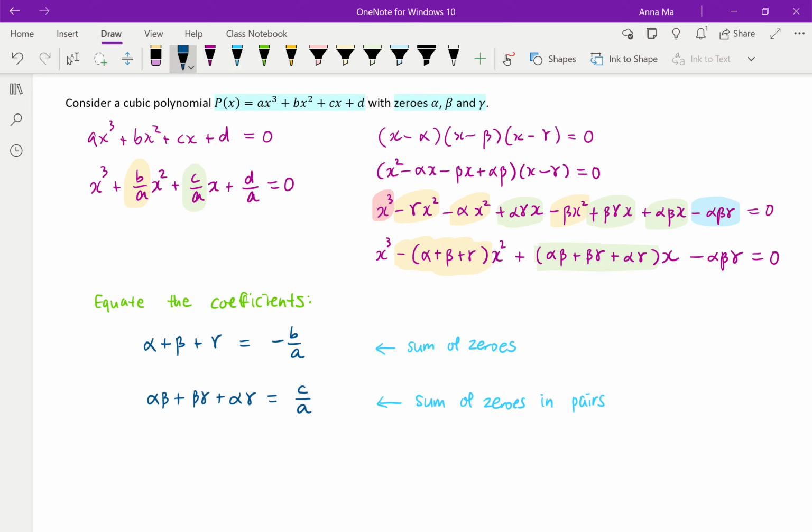And then the last one, if you compare the constants together, I guess this is the same bit as before, but instead of having the C on A, we now get negative D on A. And this one, you could say it's actually a sum of zeros in threes, but there's only one combination like so we can just call it product of zeros. But really, it's just the singles, doubles, and triples, pretty much.